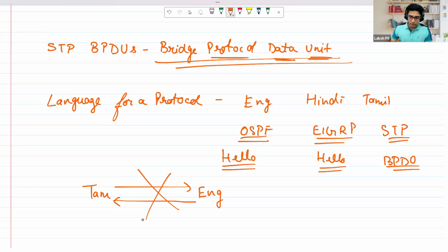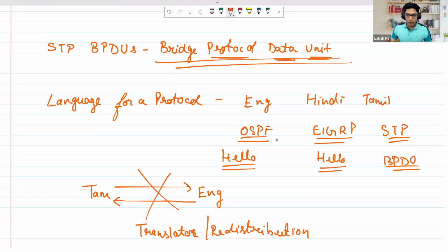There can be no communication. It can happen if you have a translator. In networking, this translator is basically your redistribution. We're not going to talk about redistribution, but just understand redistribution.